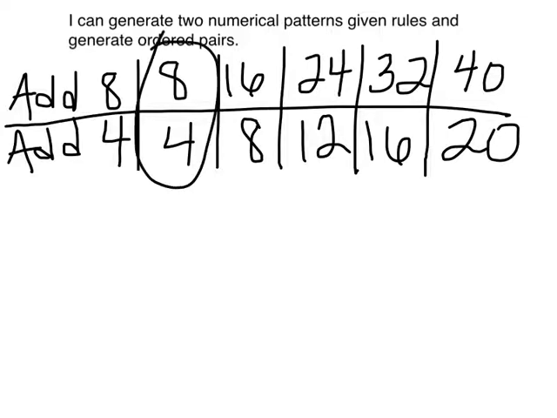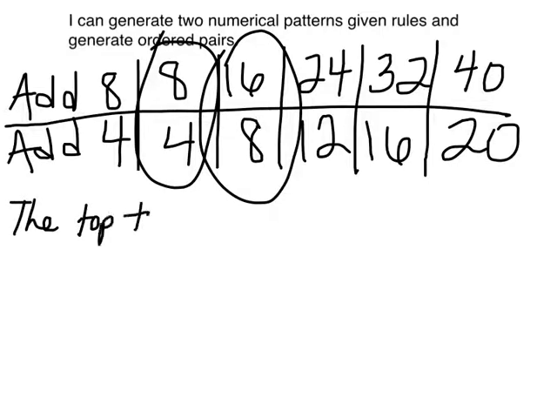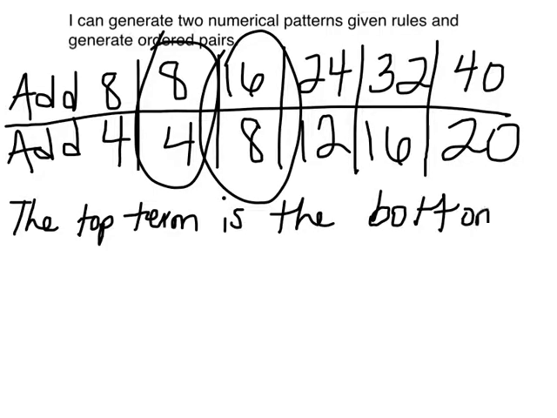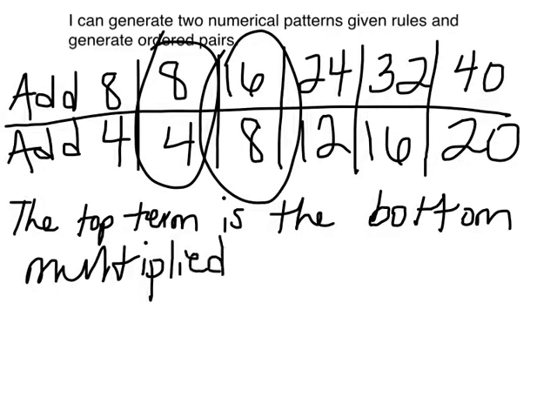Now, students will have to explain the relationships between the top and bottom terms. So if we look at the relationship between the 8 and the 4, we could say that the 8, which is the top term, is the bottom term multiplied by 2.